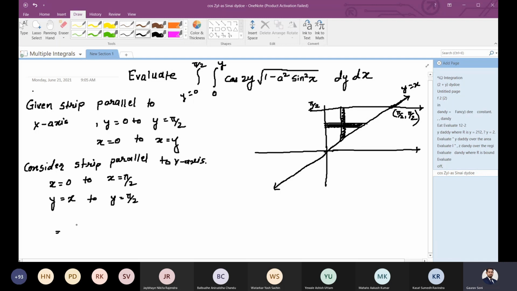So by the change of order, what we get is integral 0 to pi by 2, x to pi by 2, cos of 2y under root 1 minus a square sin square x, and the order is going to be dy dx.